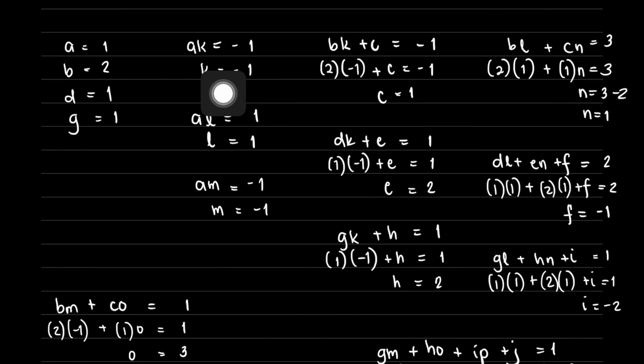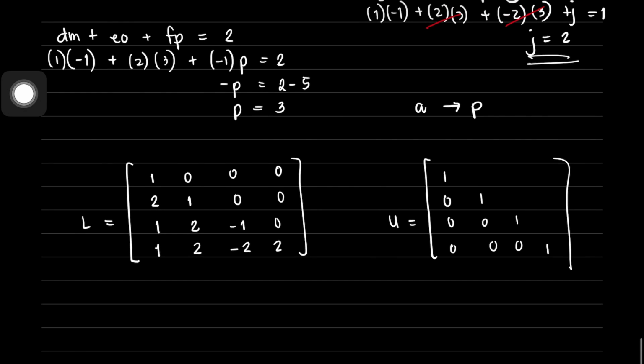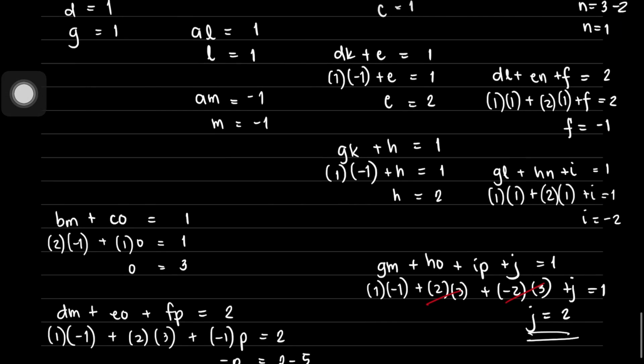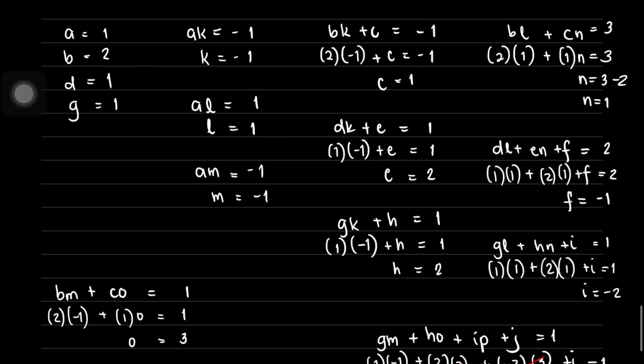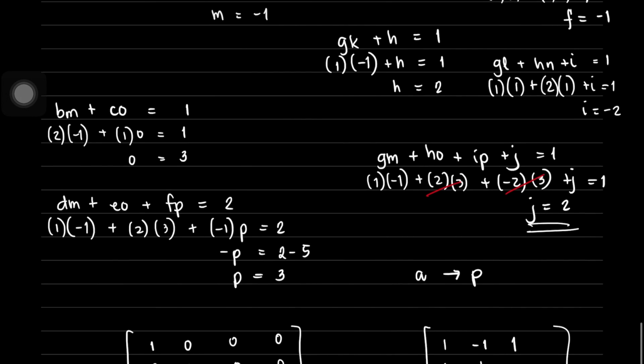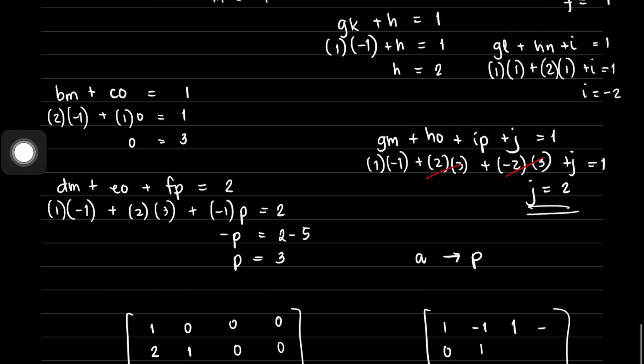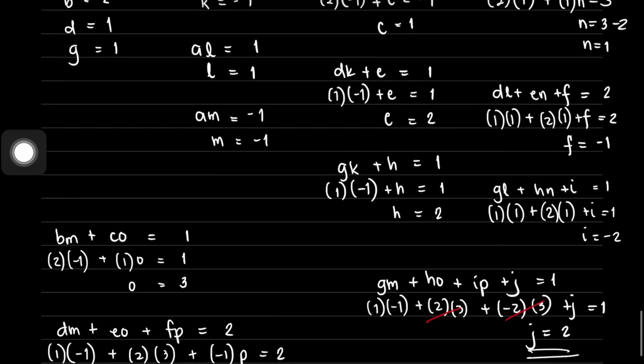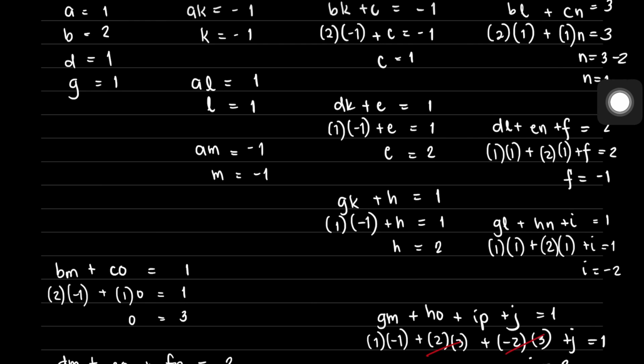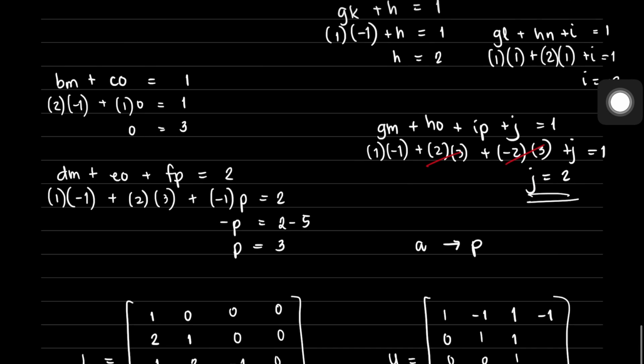Oh, there it is. That's negative 1. L is 1. M is negative 1. N is positive 1. O is 3. And lastly, P is equal to 3.